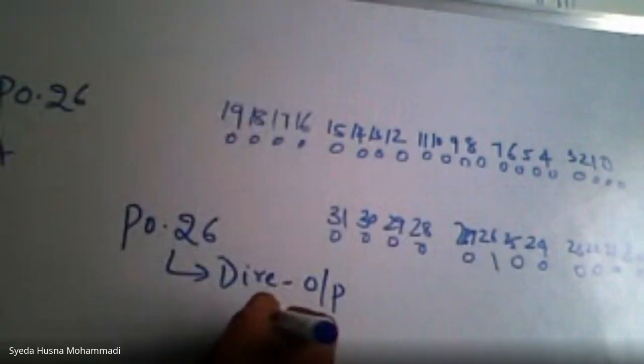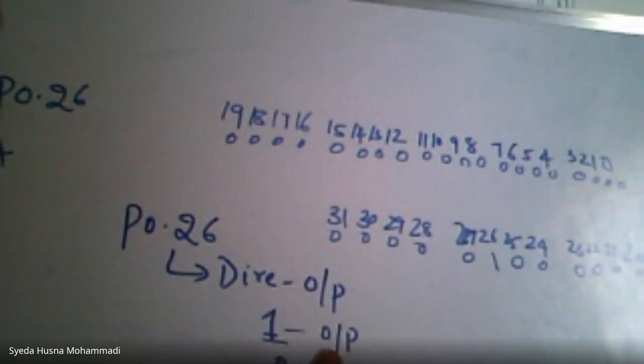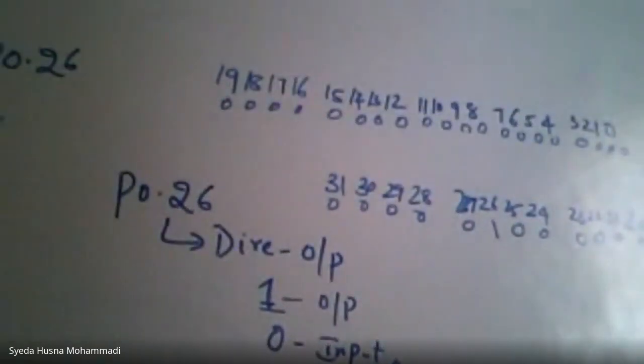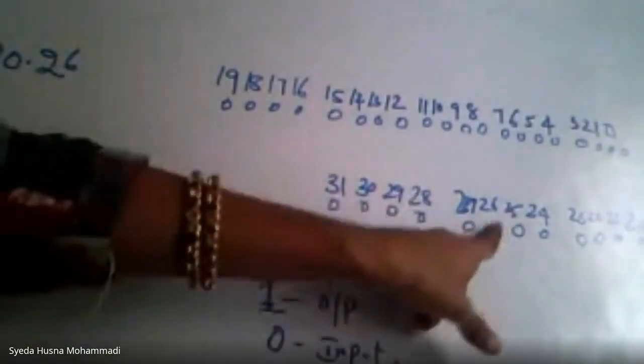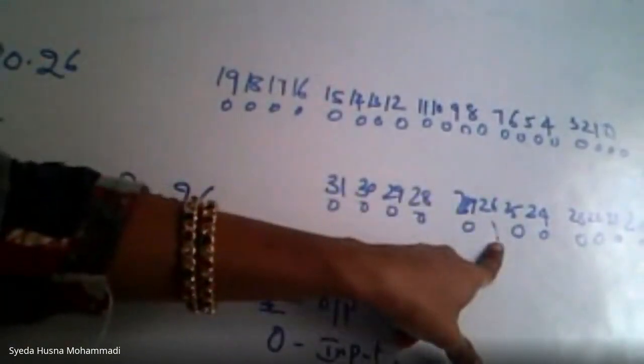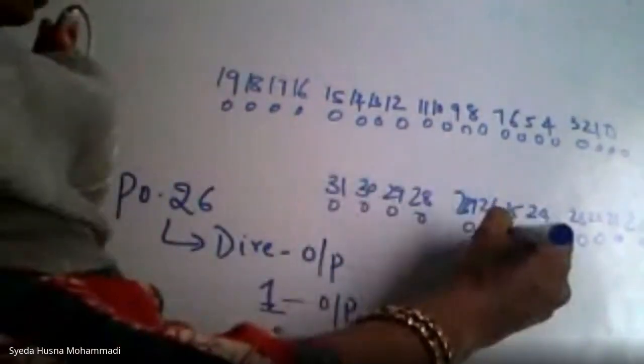We know that if you give the value as 1, it will set in the direction of output. If you give the value as 0, it will set in the direction of input. Now here I am checking the output, so I have to set it in the direction of output. Go to port 0 pin number 26 and place the value as 1 over there.